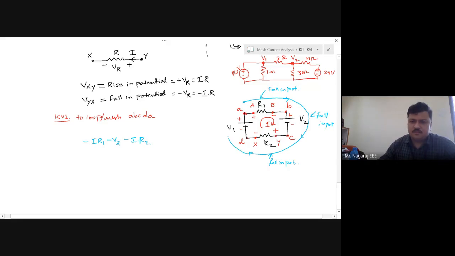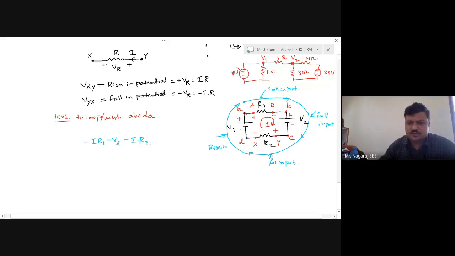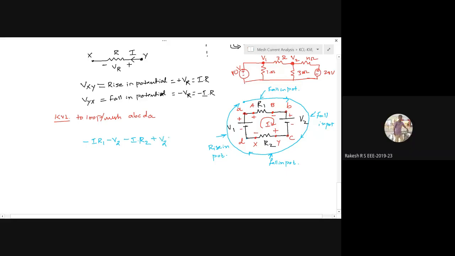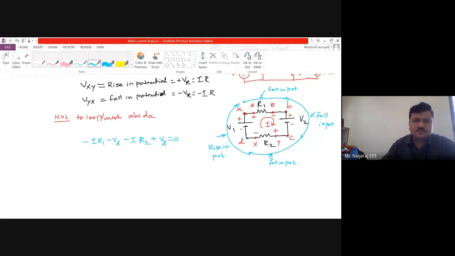Coming from D to A. Now D is at lower potential point, A is at higher potential point. So this is a rise in potential. So therefore it is plus V1, minus V2, minus IR1, minus IR2 is equal to 0.